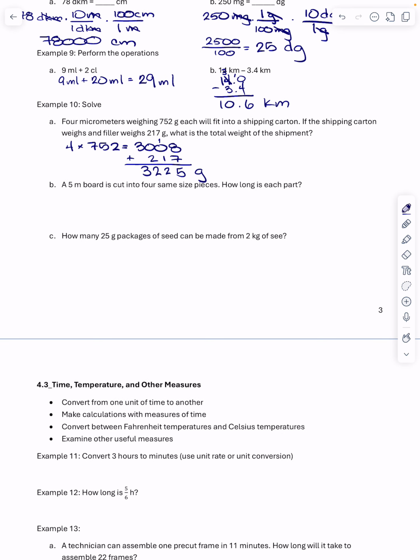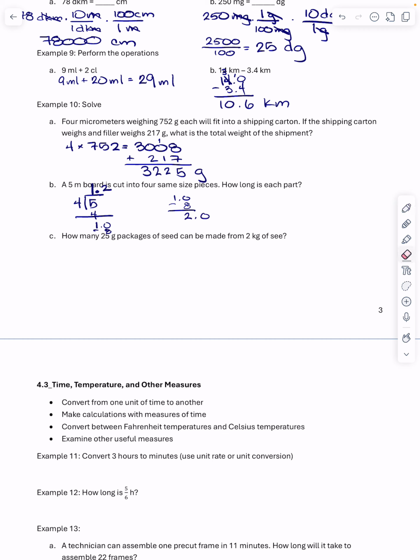If we've got a 5-meter board we want to cut into 4 same-size pieces, straight division. 4 goes into 5 one time. I've got 1 left over. I can add a 0. 4 goes into 10 2 times. I did not plan well.